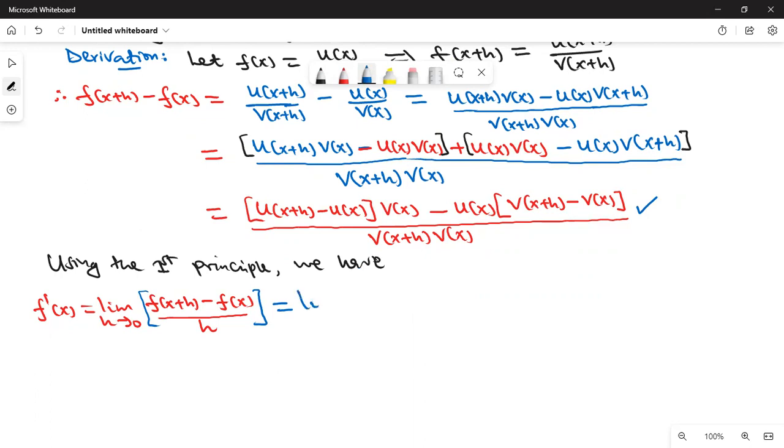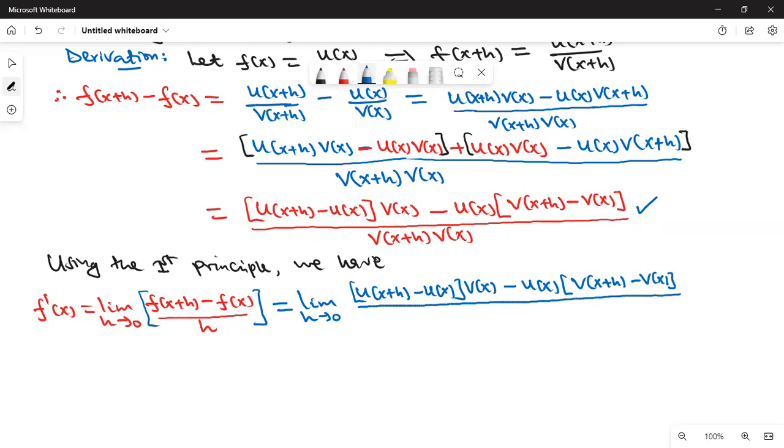So this can be written as limit as h approaches 0 of u of x plus h minus u of x, times v of x, minus u of x times v of x plus h minus v of x, and the whole of this is divided by v of x plus h times v of x.